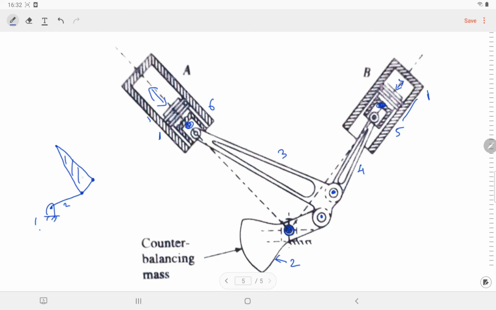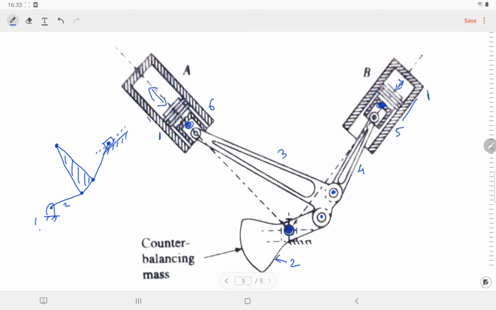And I have to hash it. Then I'm going to draw link 4, maybe something like this. So that's link 4, and now I'm going to draw link 5, which is moving with respect to link 1 in this direction, right?